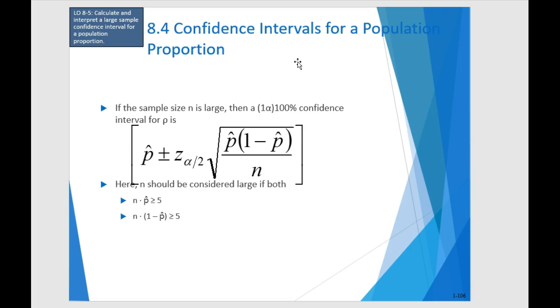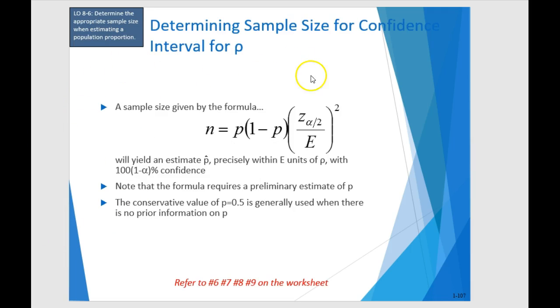If 300 data points qualify, then p hat is going to be 300 over 1,000, so 0.3, that sort of thing. This is the formula for the confidence interval, and this is our formula for determining a sample size.